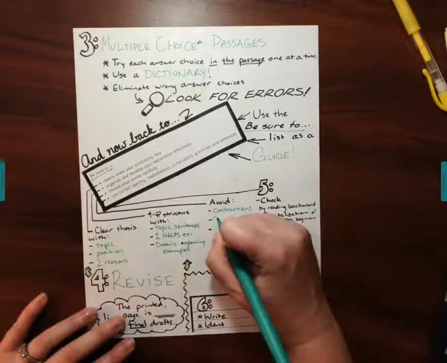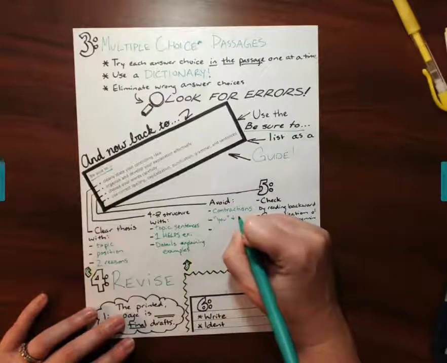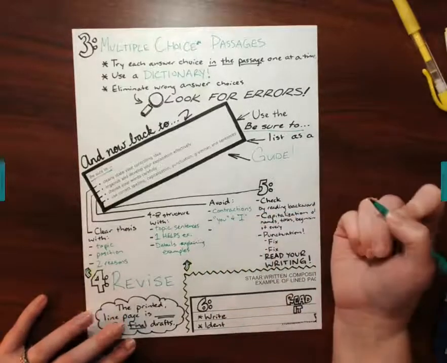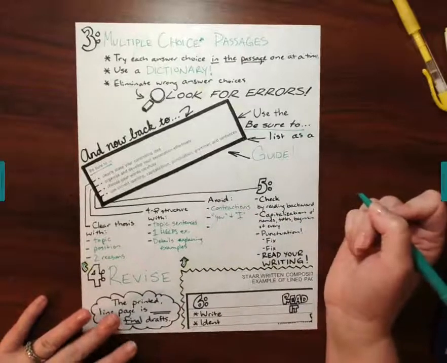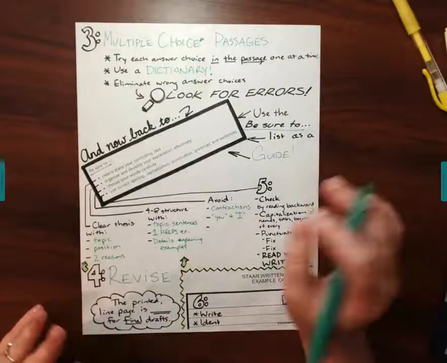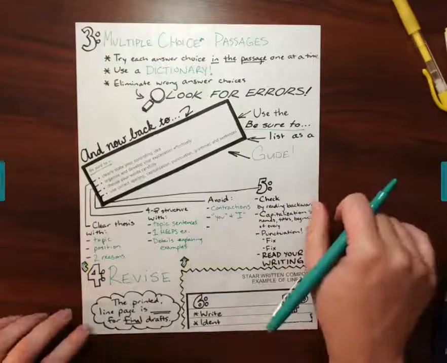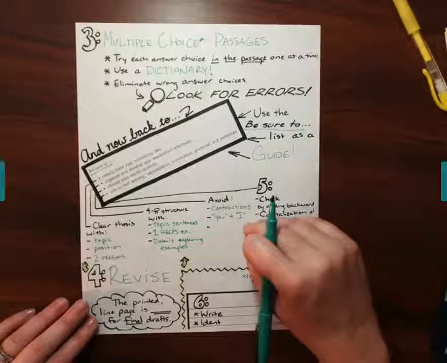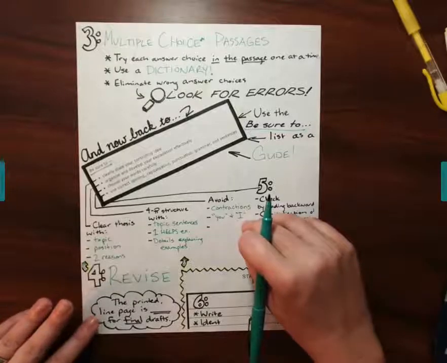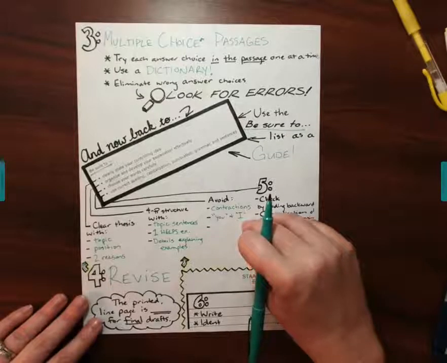Also avoid you and I. The only places that's really appropriate would be in your hook or in your mic drop, or if you're doing a personal experience example, but again, please avoid those, okay?